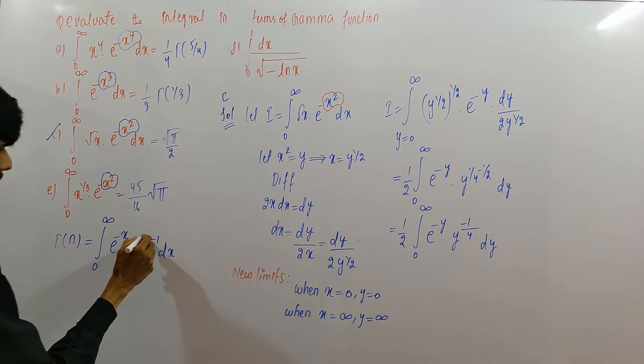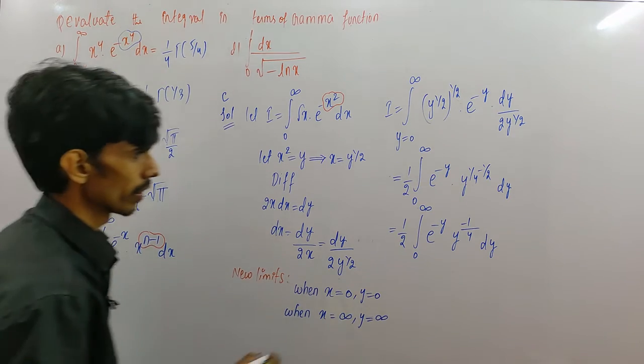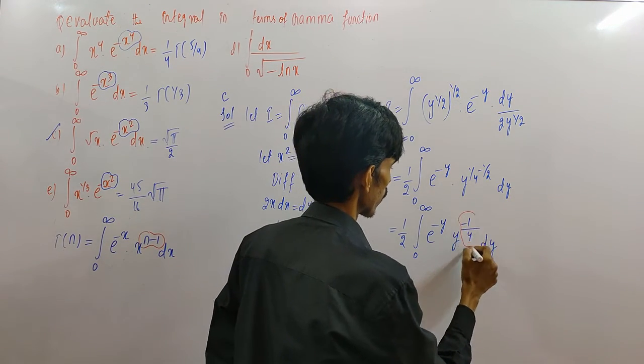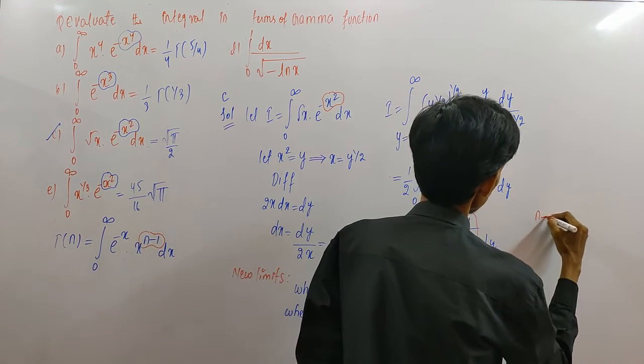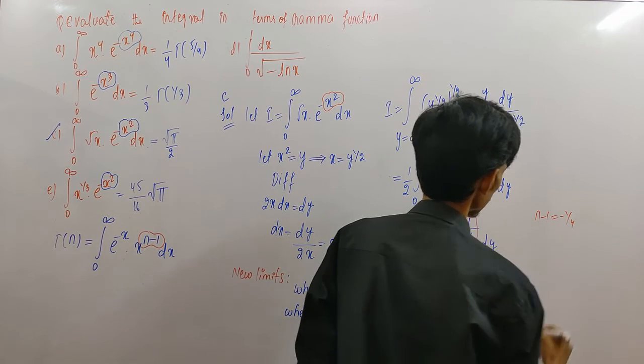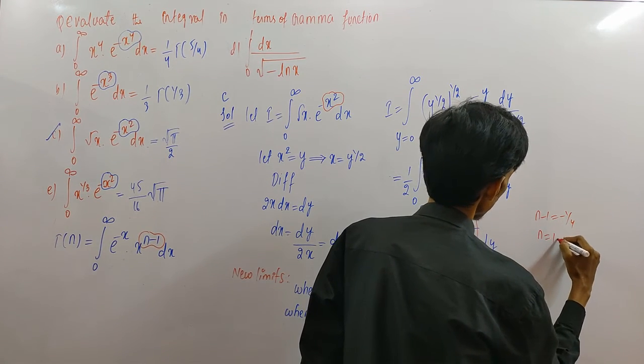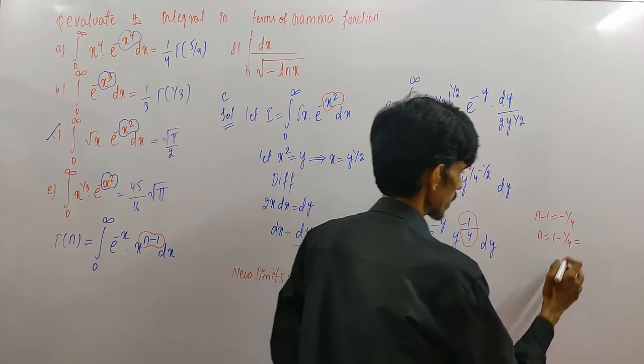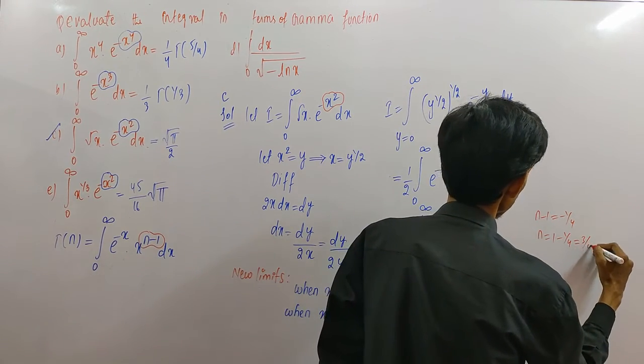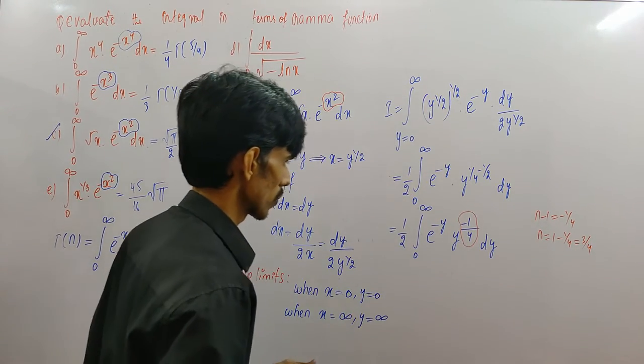Here we have n minus 1, and here we have minus 1 by 4, so n minus 1 value is minus 1 by 4, then n will become 1 minus 1 by 4, that is 3 by 4.